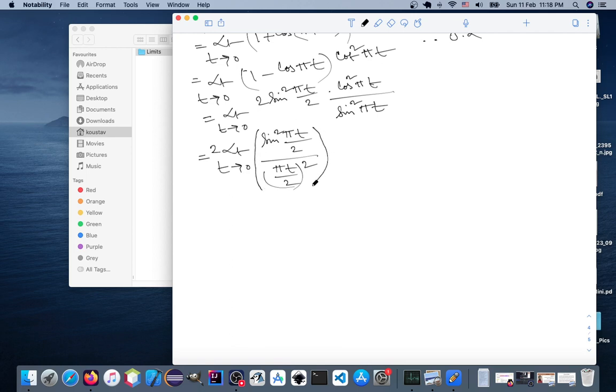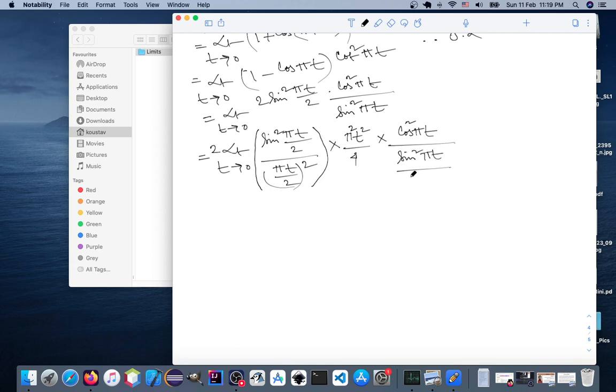This whole thing will become 1, and I have to adjust this pi square t square by 4. Over here I have this, and over here sine square pi t.